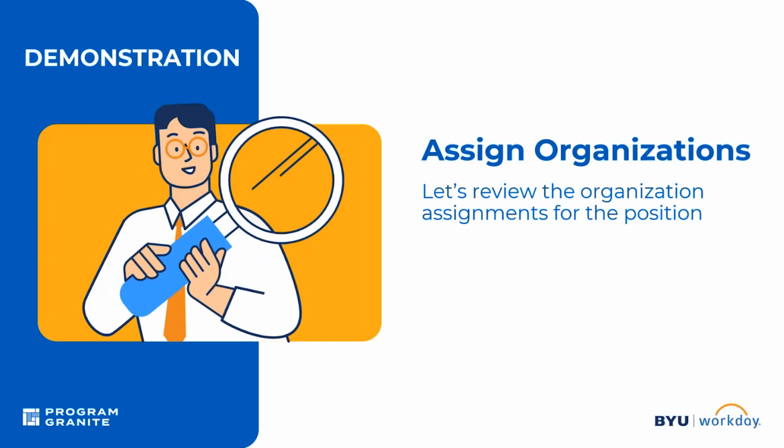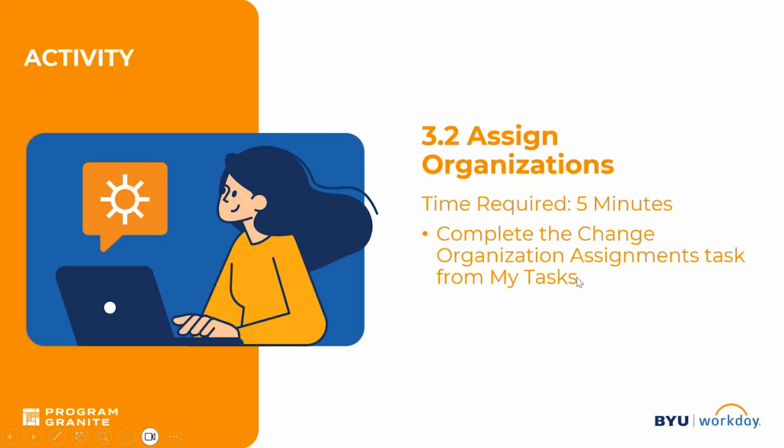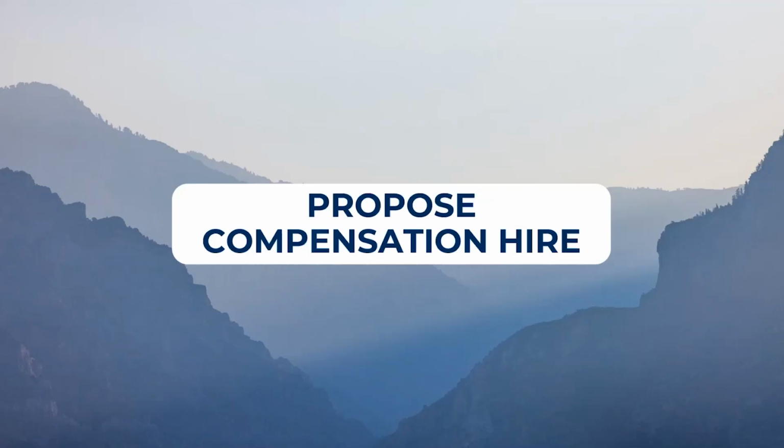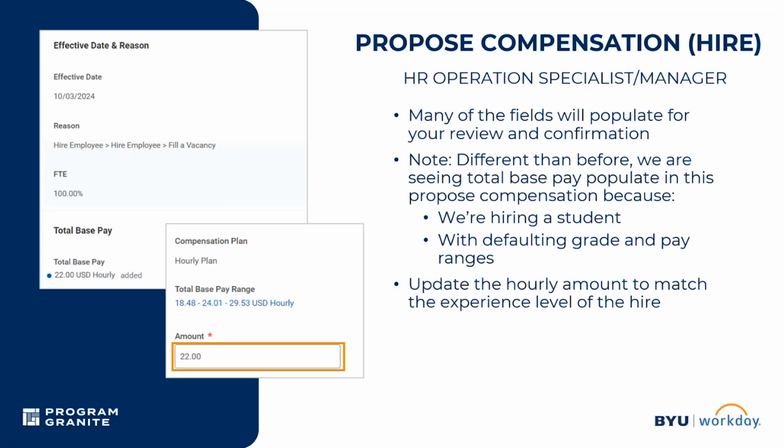This one's activity 3.3. Okay, so really fast and then we'll finish up because I know you guys are getting to this one. Proposed comp hire. This is when they're going to propose the compensation, the manager or the operations specialist, whoever initiated it. So we are going to see the total base pay populate because we're hiring a student and it's coming with defaulting grade and pay ranges.